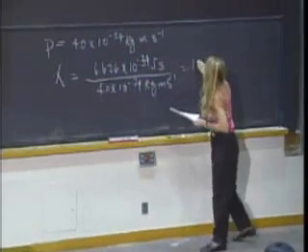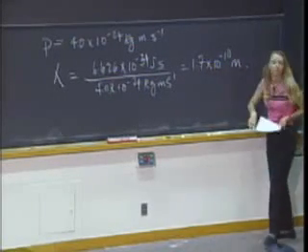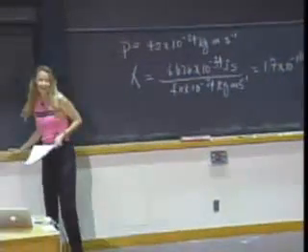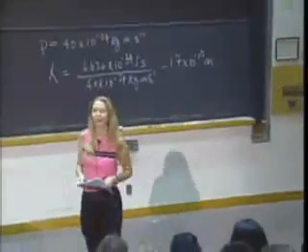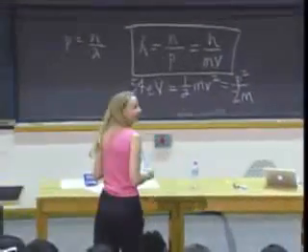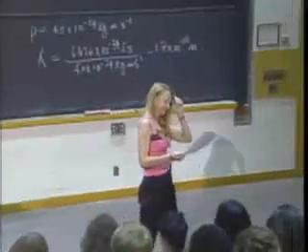And that gives us 1.7 times 10 to the minus 10 meters. Hey, same as the experiment. It predicted exactly what the experimentalist measured for the wavelength of the electron. All right, this was a real coup here for de Broglie and for science.